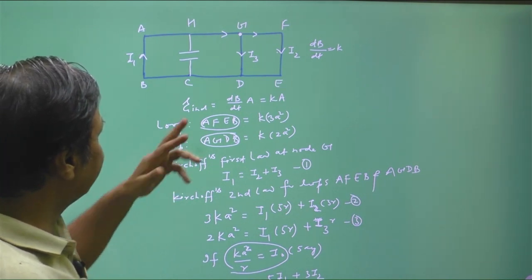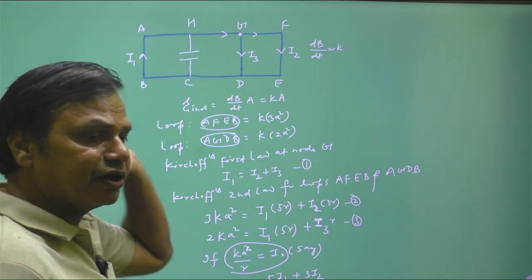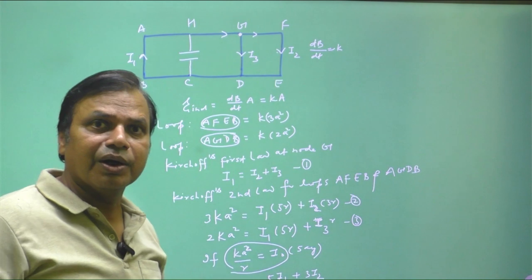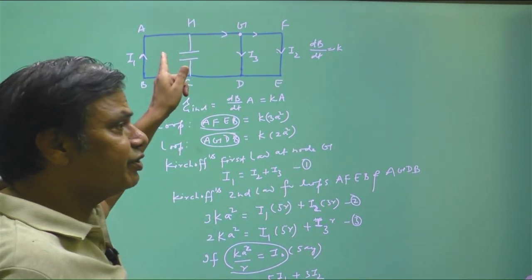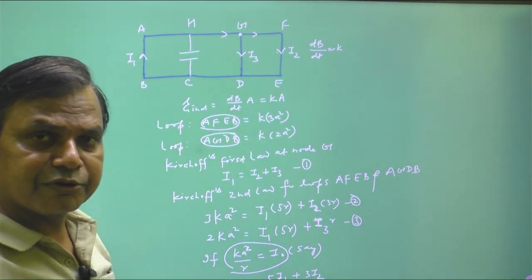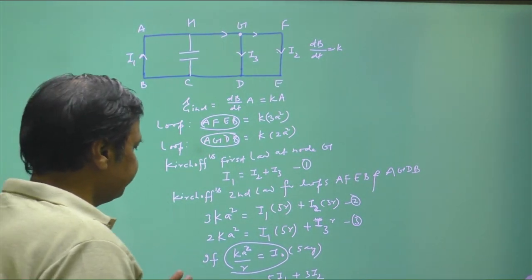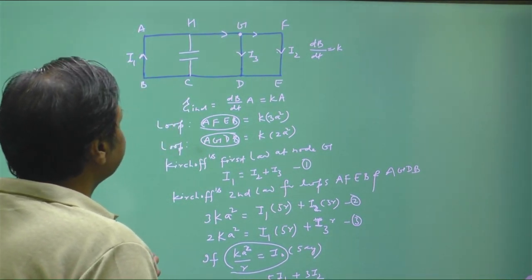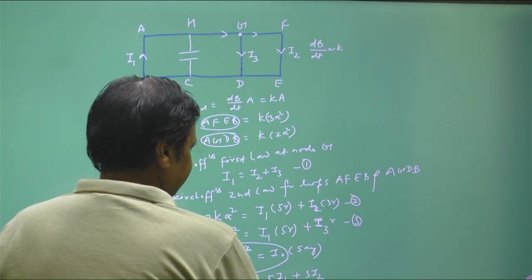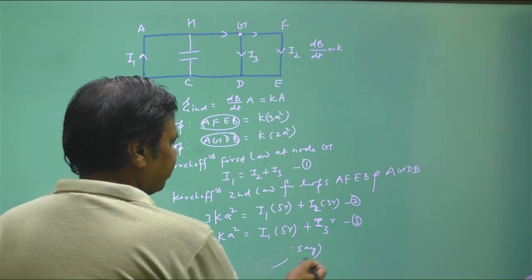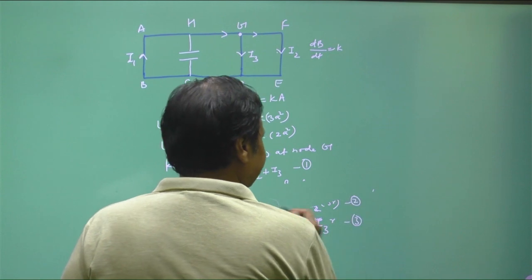I can take either of the loops, here or here. This capacitor is driven by the voltage Ka square. Should I remove all those things? Because the problem has been solved and we don't need these items.